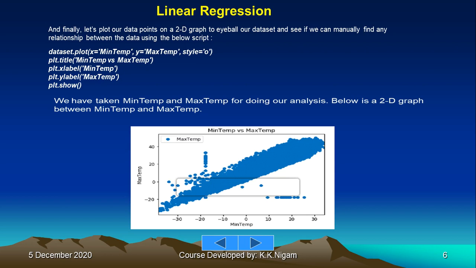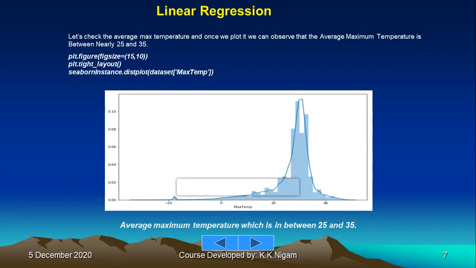We have taken minimum temperature and maximum temperature for doing our analysis. Below is a 2D graph between minimum temperature and maximum temperature, right? To check the average maximum temperature, once you plot it, we can observe that the average maximum temperature is between 25 and 35.